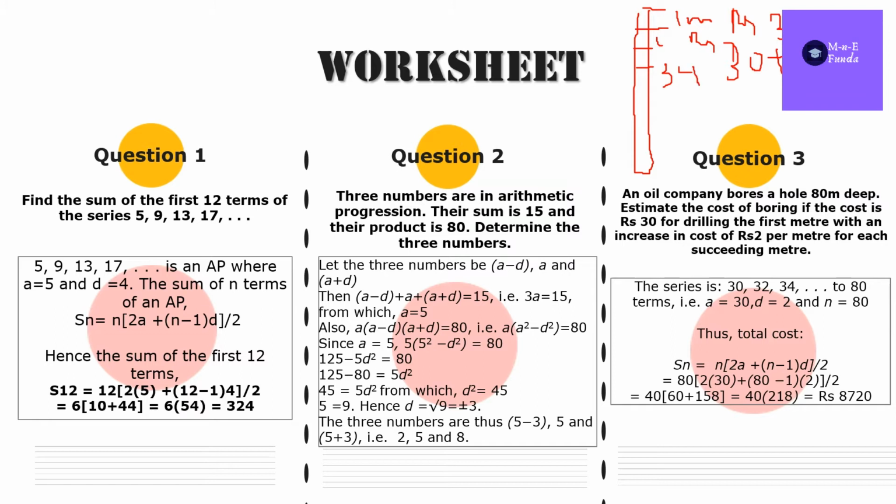So the series will be like this, 30, 32, 34 and so on up to 80, because we have to bore an 80 meter deep bore. So we have to find out the total cost. Here a equal to 30, d equal to 2 and n equal to 80. Substituting the values, we will get the result of how much we have to pay for drilling the bore, that is rupees 8,720. Understood everyone?